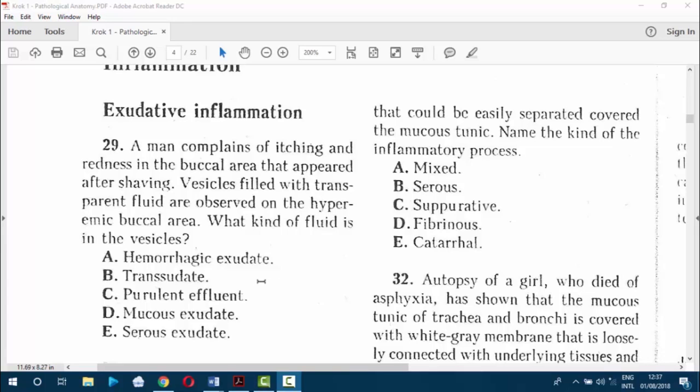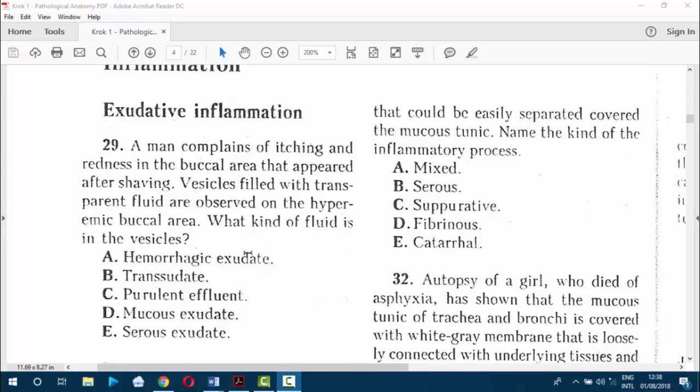We also have hemorrhagic kind of exudate. This is when there is vascular damage. Then we have catarrhal. That is when the surface of epithelium in case of inflammation produces increased amount of mucus. Alright.